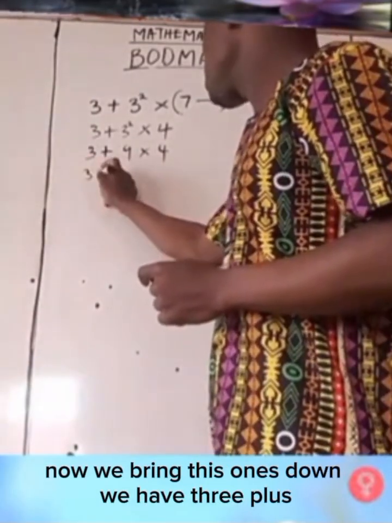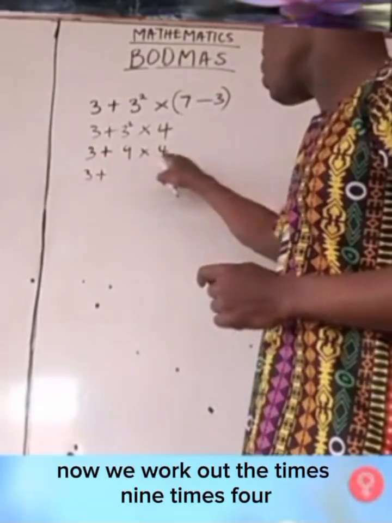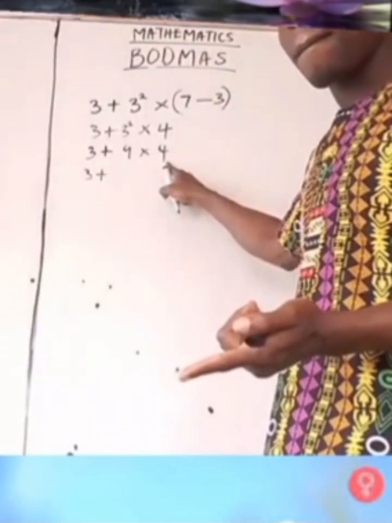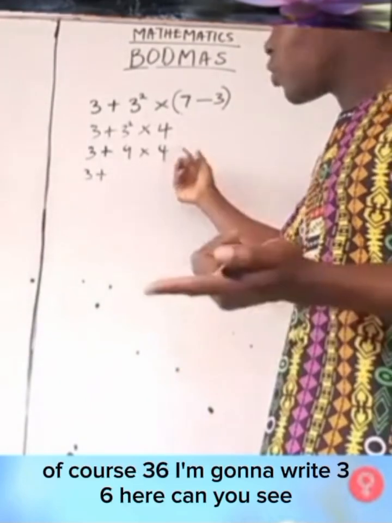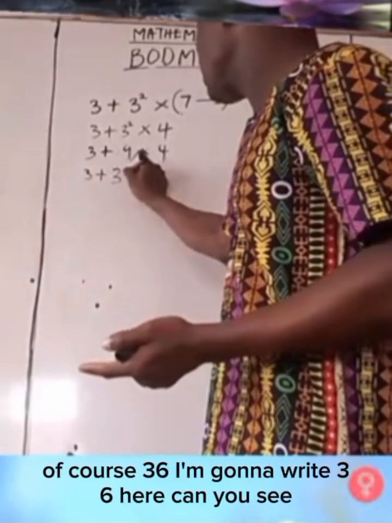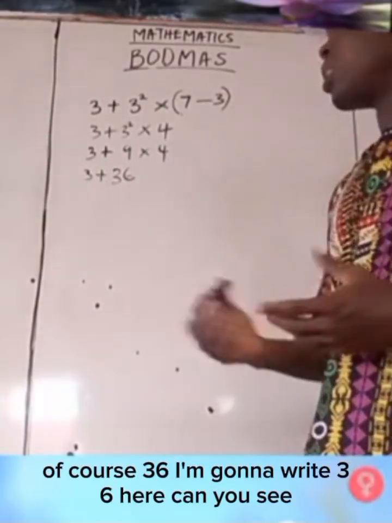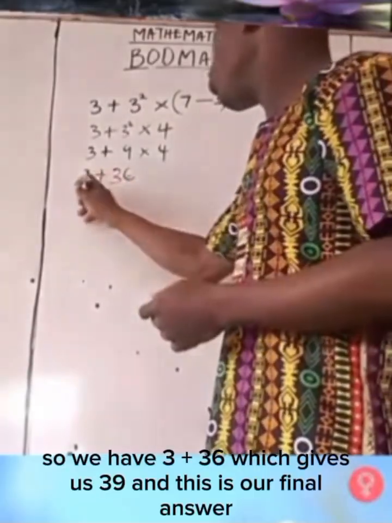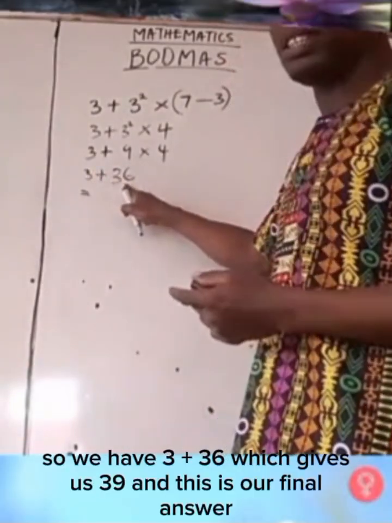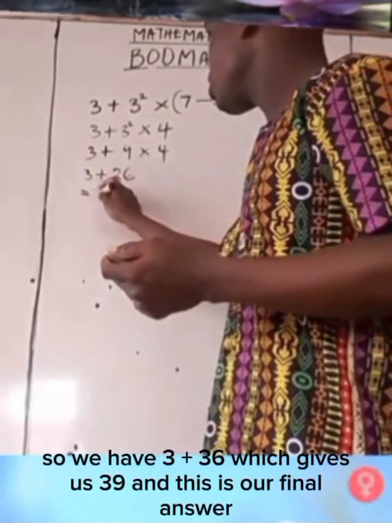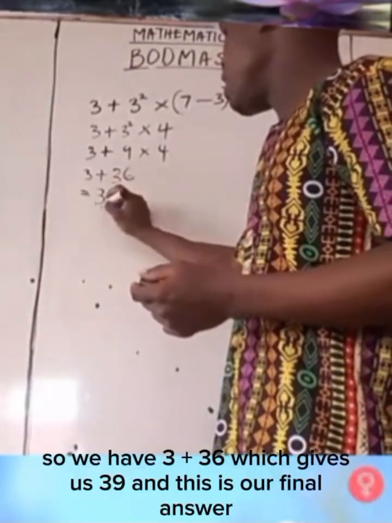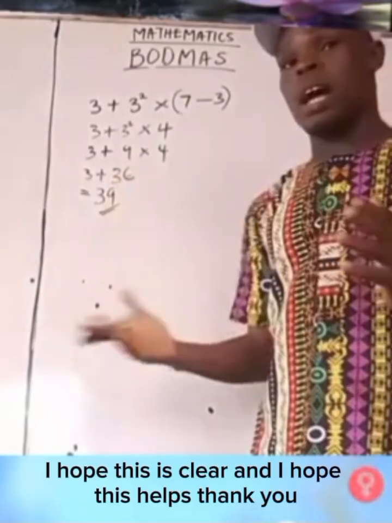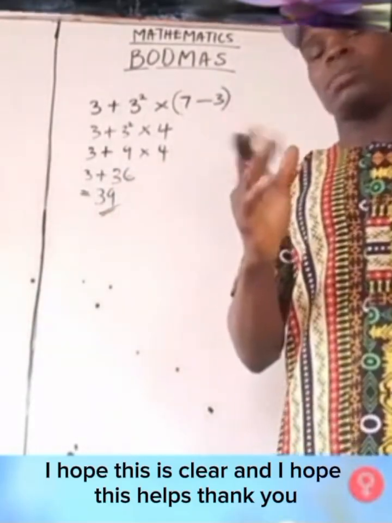We have 3 plus, now we'll work out the times. 9 times 4, of course, 36. I'm going to write 36 here. And this is where we have the final step. So we have 3 plus 36, which gives us 39. And this is our final answer. I hope this is clear, and I hope this helps. Thank you.